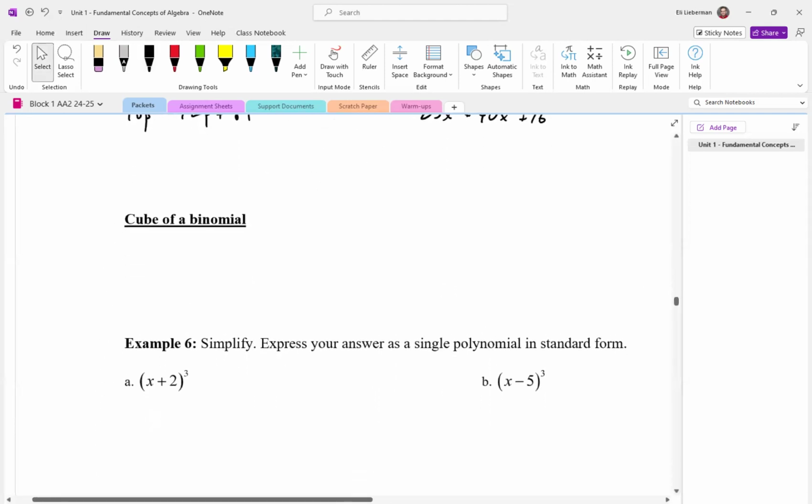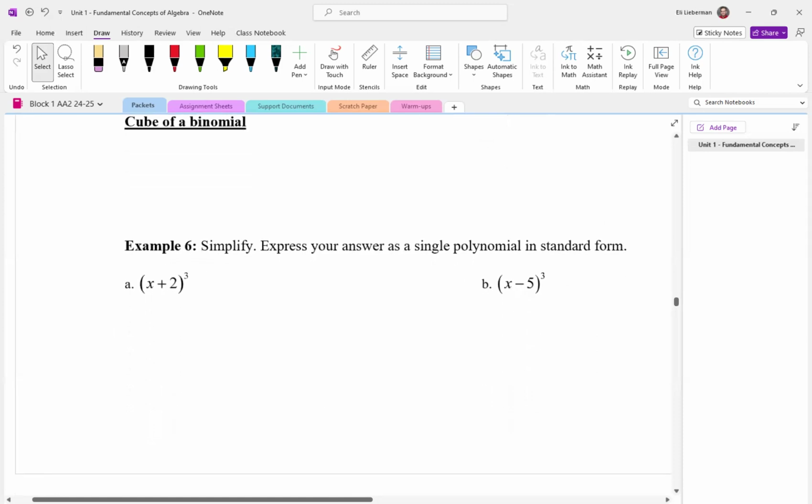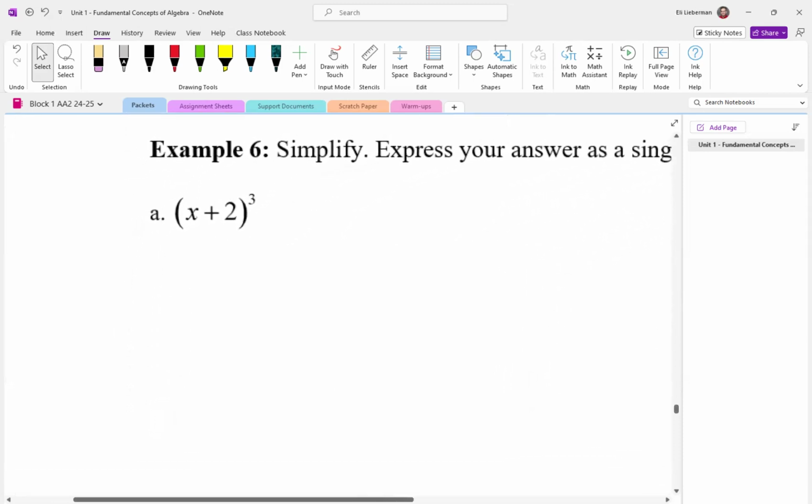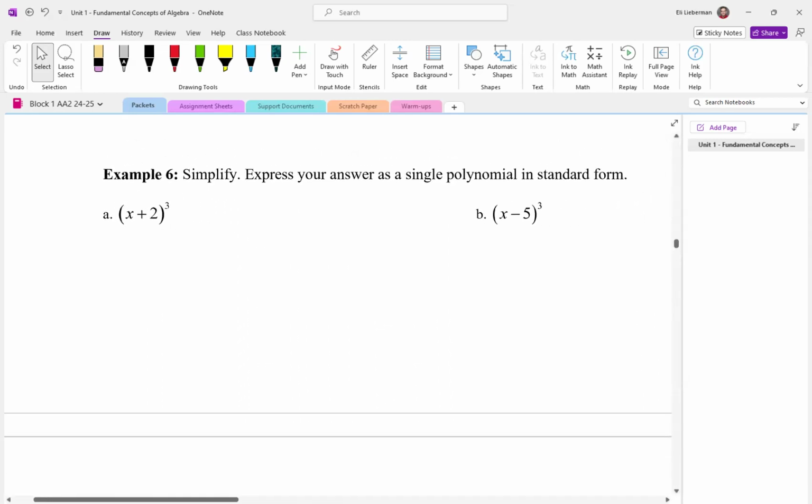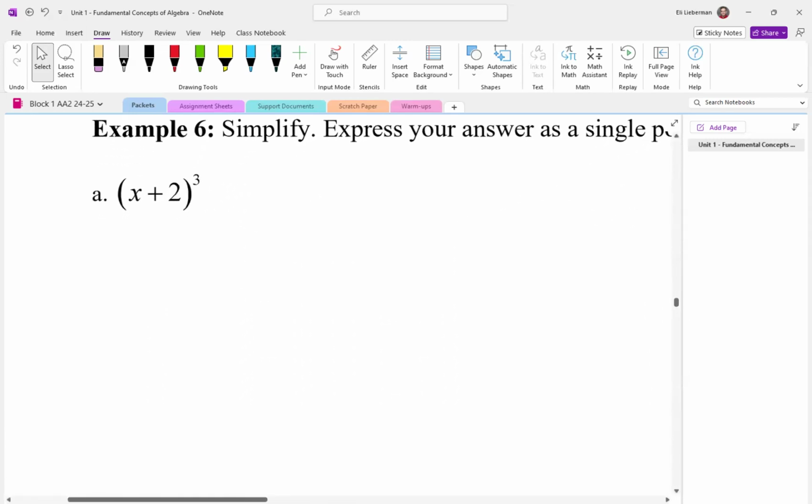Cube of a binomial. Check with your neighbor. How are you going to do this? X plus 2 cubed. Would this be good, just x cubed plus 2 cubed?